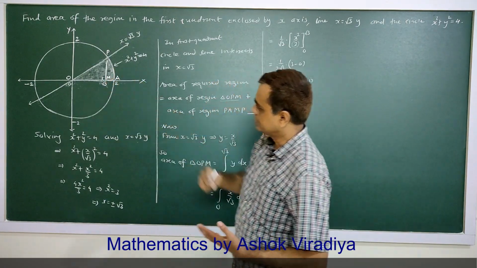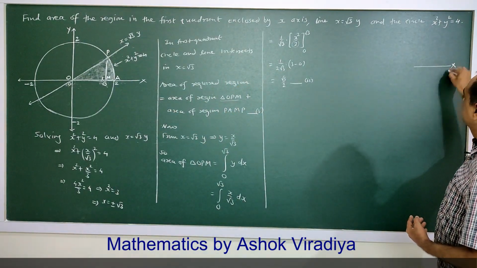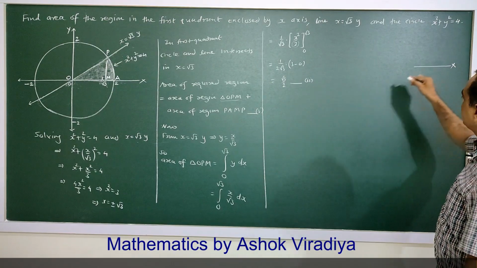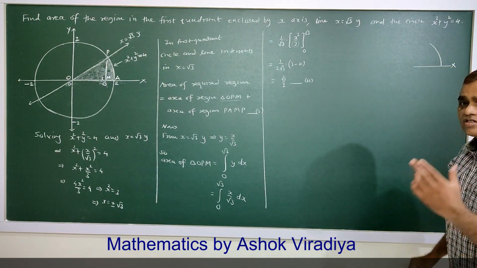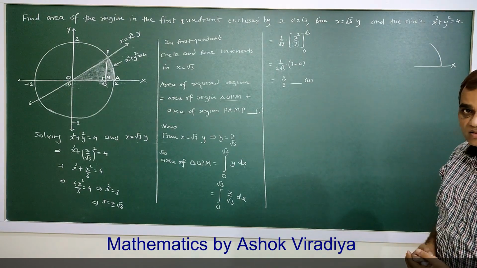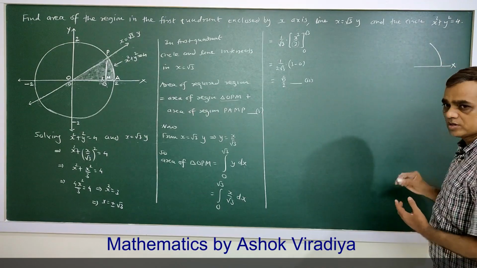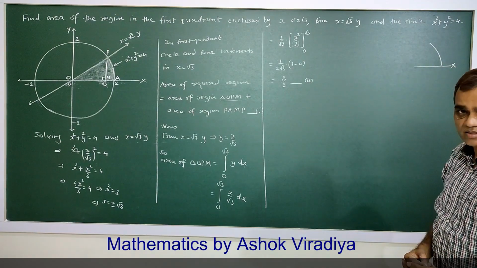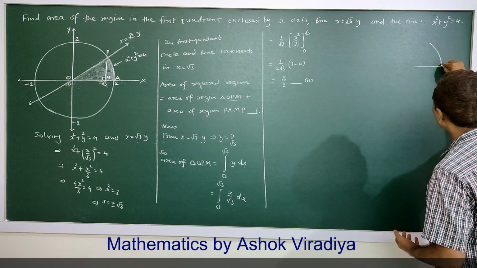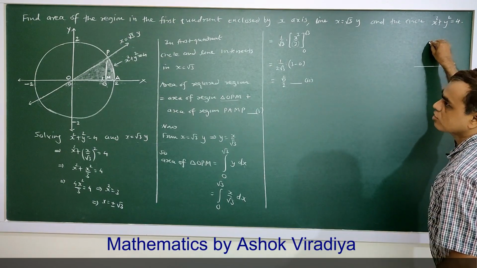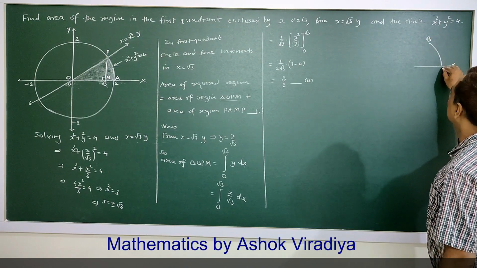See, observe this. You can see that the x-axis is the boundary, then here a part of the circle is the bounding part. So this is a curve, it bounds with the x-axis, and this part of the circle is the bounding part. Here the x coordinate is root 3 and here the x coordinate is 2.